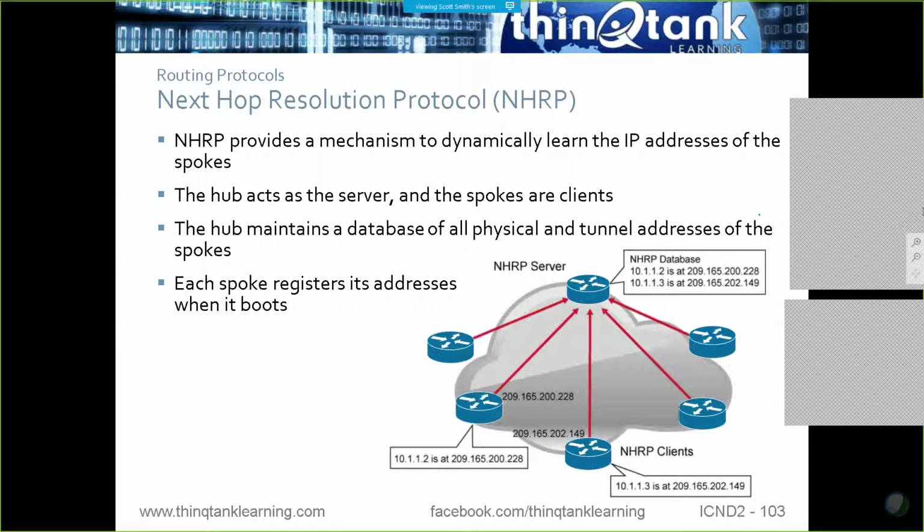So they can actually share routing information. Remember, what's behind these spoke routers? Subnets. Ultimately, those subnets have to be advertised. Otherwise, what's the point? Right?